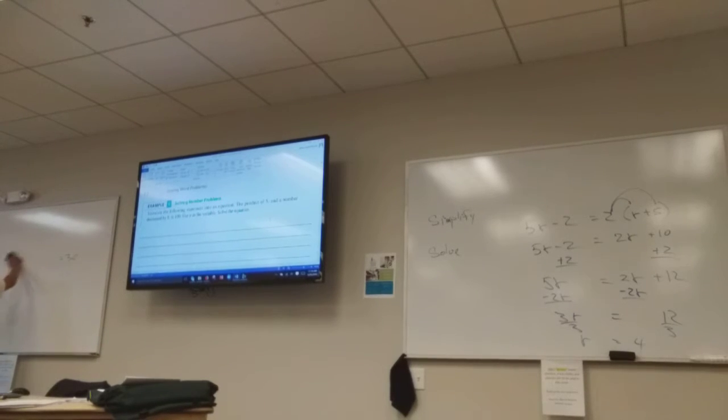We've read it. Here is a piece that you're not going to be willing to do unless you are disciplined. What did it say to use as the variable? It told you to use y, so I'm using y. What are we trying to find? Let's read the words. The product of 5 and a number.